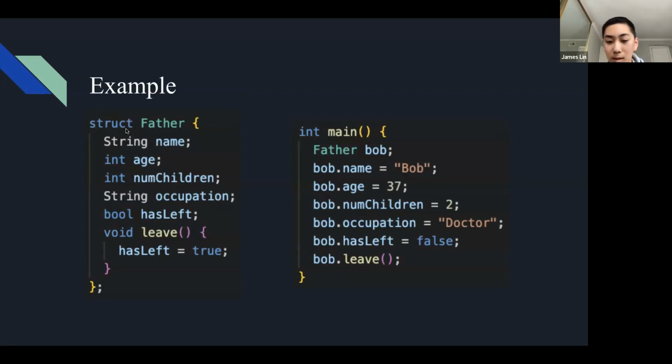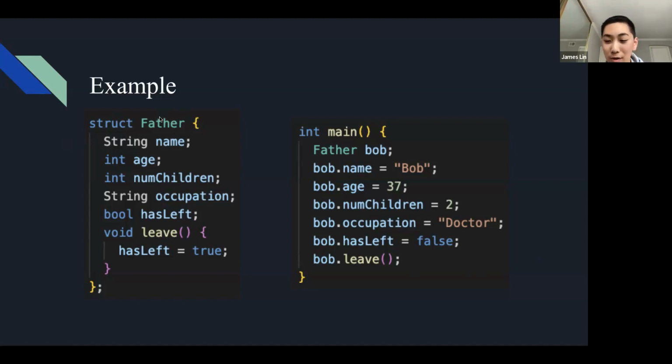We have a struct called father. First, you have struct, that's the keyword for making a struct, and then you have father. That's the name of the struct.